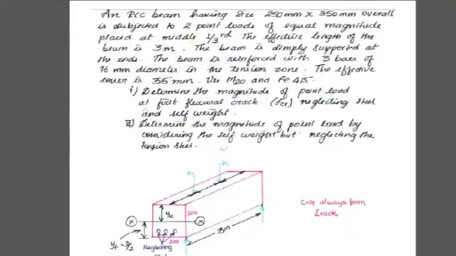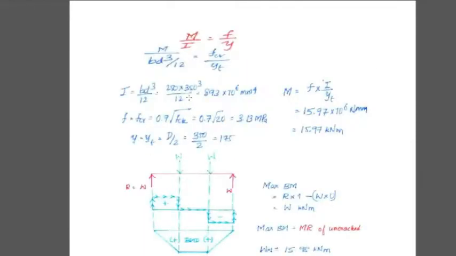We know the value of breadth is 250 and depth is 350. So 250 into 350 cube divided by 12. The value we get is 893.3 into 10 power 6 mm power 4. And f is nothing but the flexural crack stress. Here the formula is 0.7 root of fck, which we saw in the last video.